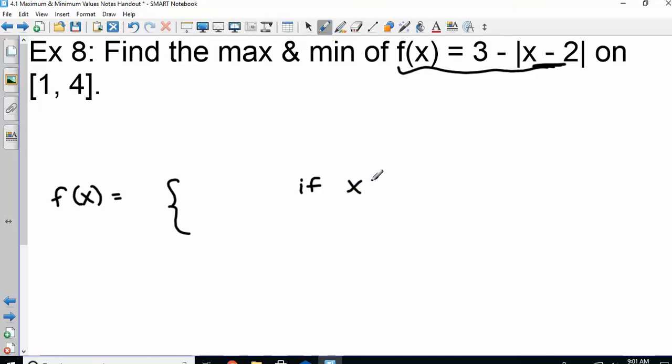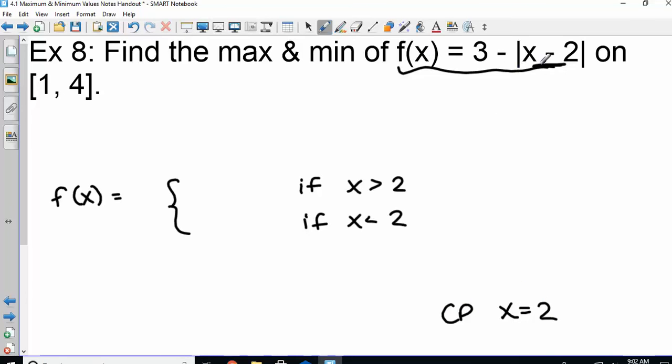So we'll have one case if x is greater than 2, one case if x is less than 2. When x equals 2, what do we know is going to happen? That's going to be the V of the absolute value. So that's a place where the derivative is undefined, right? So I know right now I will have a critical point when x equals 2 because my derivative is going to be undefined there.